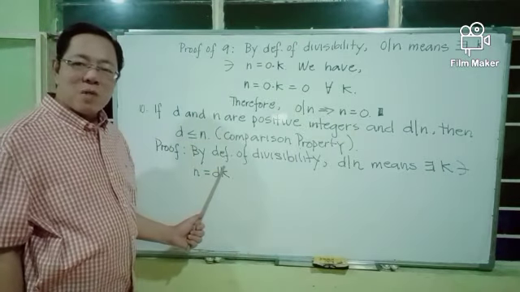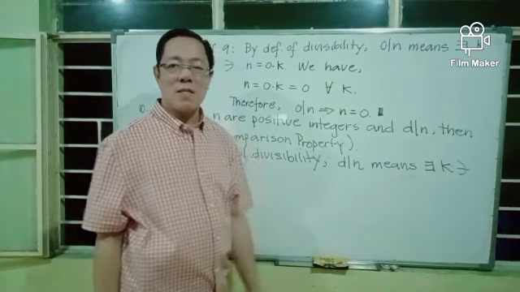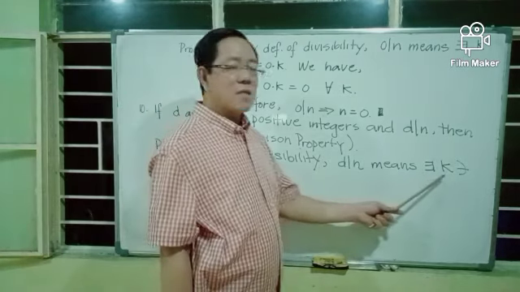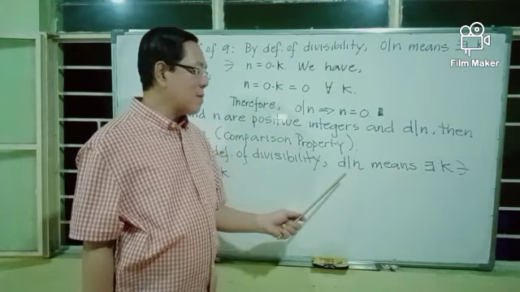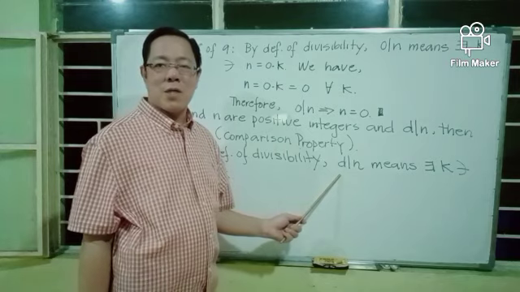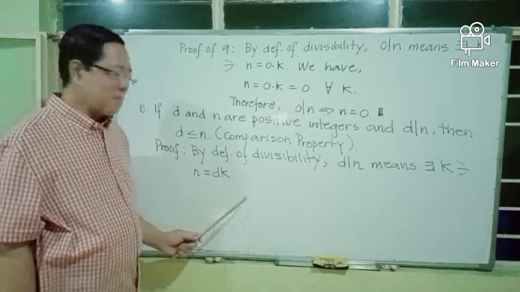By definition of divisibility, D divides N means that there exists an integer K such that the number N is equal to the divisor D multiplied by the integer K, or N is equal to D multiplied by K.